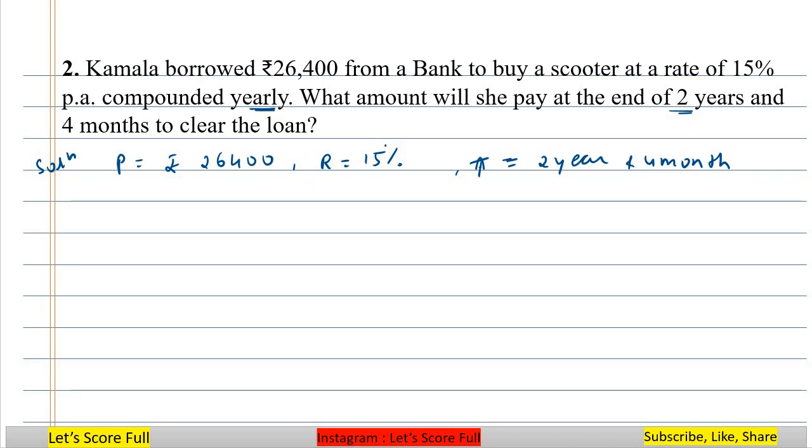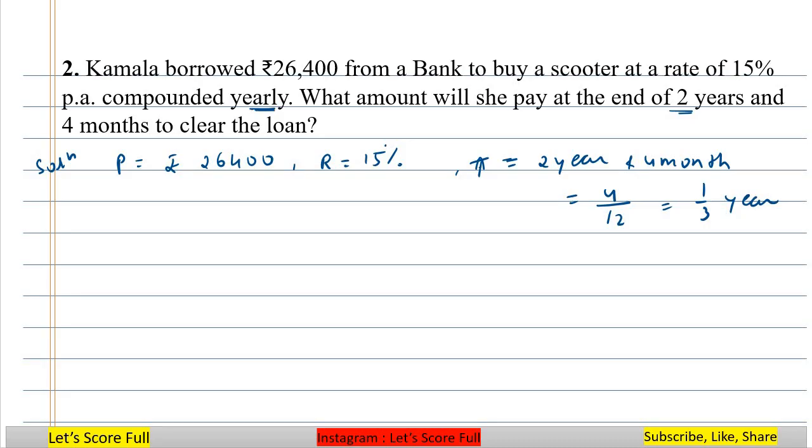Okay, so the compounding period is yearly. I have 2 whole years, but this is in fraction. To convert 4 months into years, what do we have to do? In a year there are 12 months, so 4 upon 12, that is 1 by 3 years.